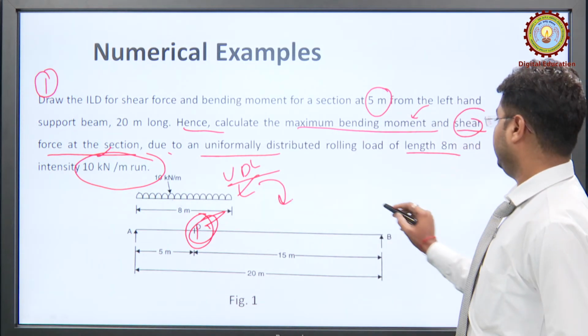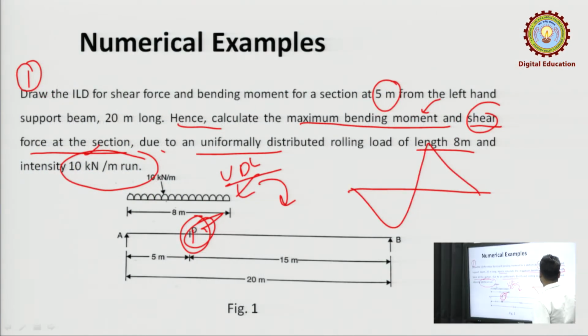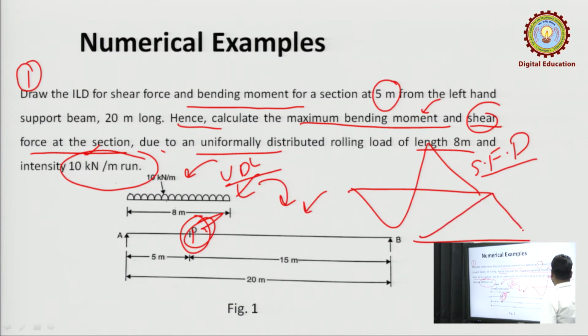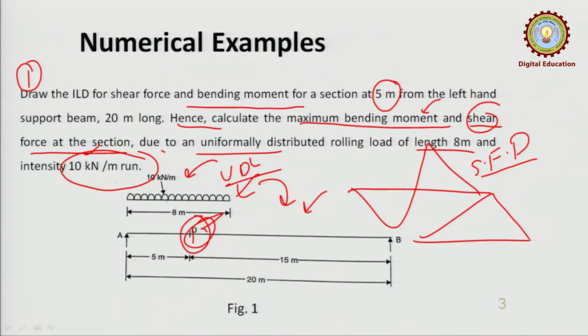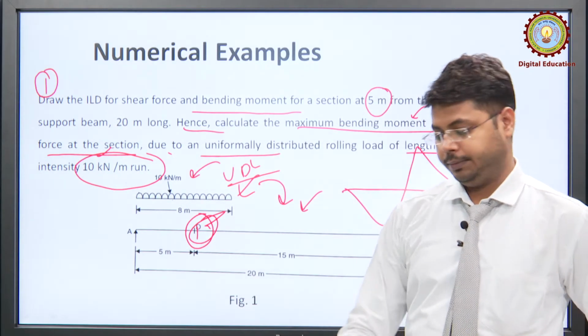So we can find the influence line diagram for that simply supported beam for the effect of UDL. Similarly, we have to draw an ILD for bending moment. We are going to draw these two diagrams for the given numerical.